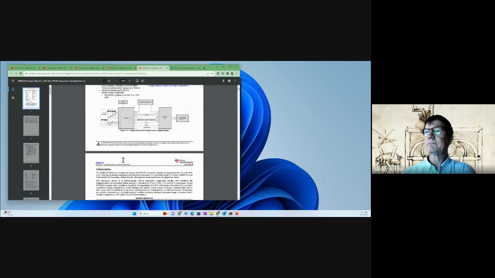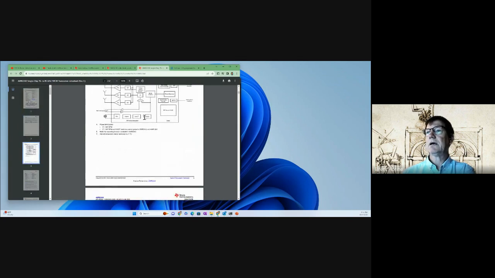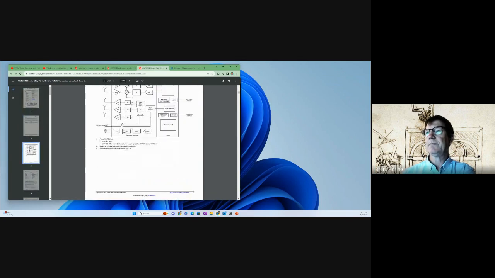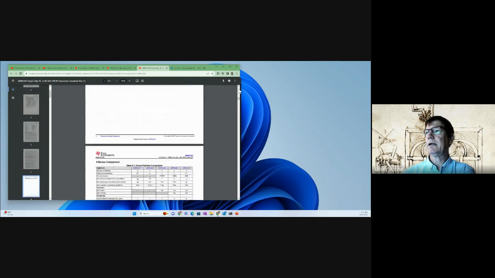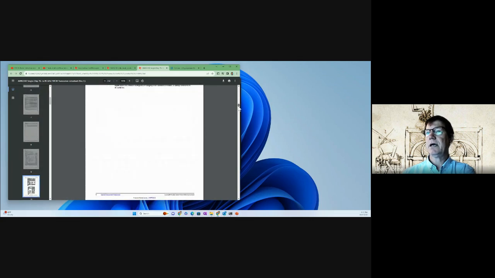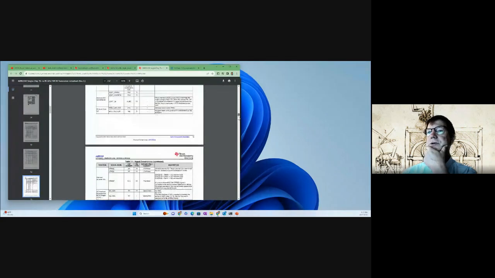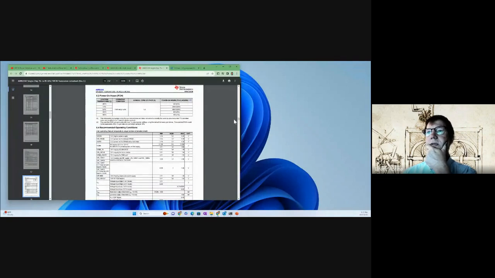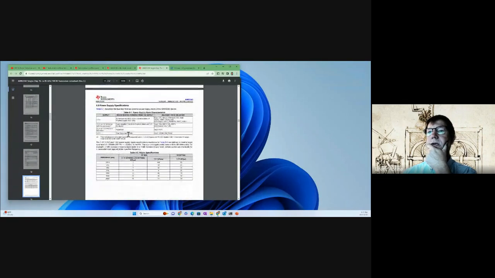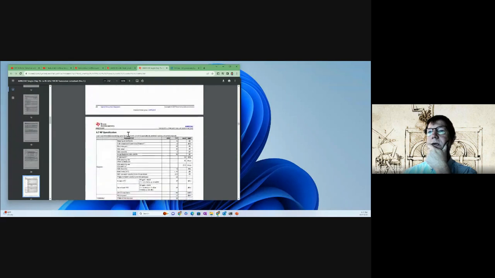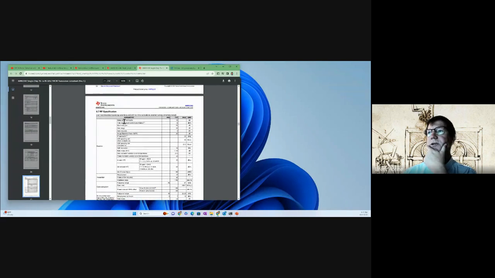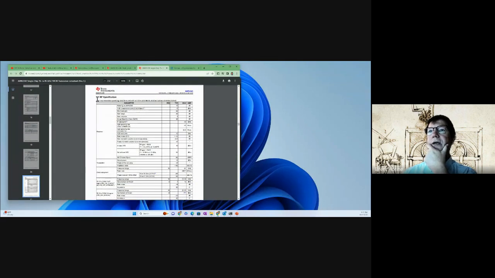All right, and so then here's the block diagram again, and I think this RF specification on page 21, 8.7 is what you're going to look at.